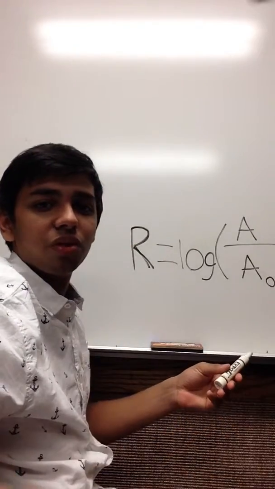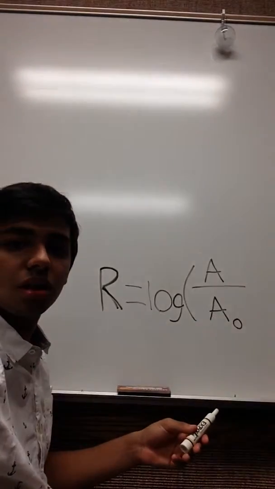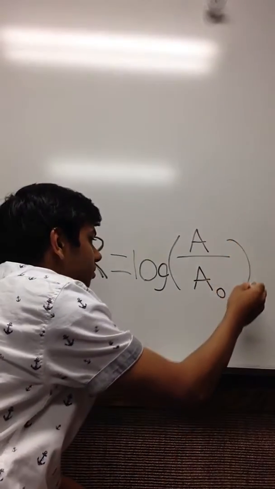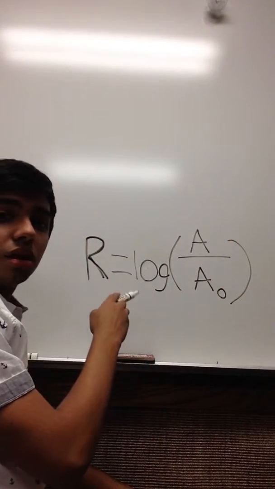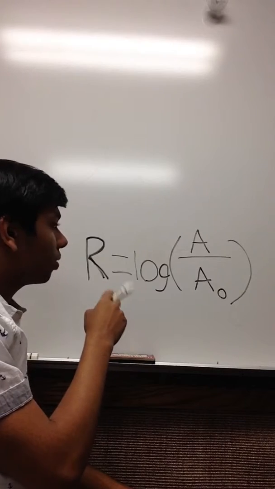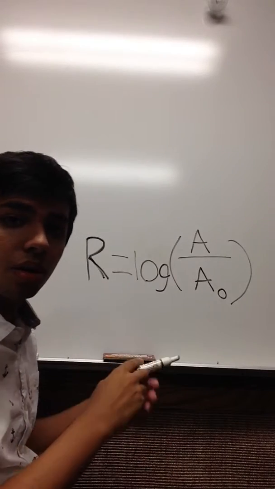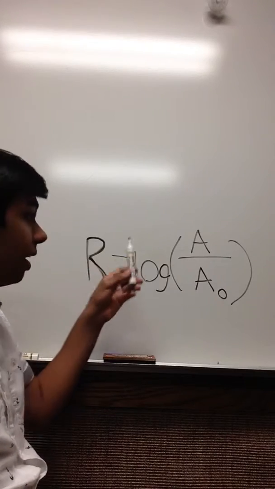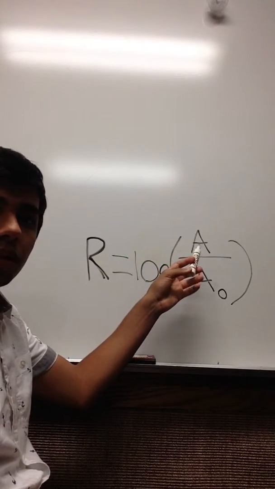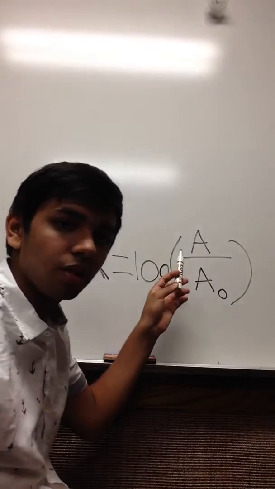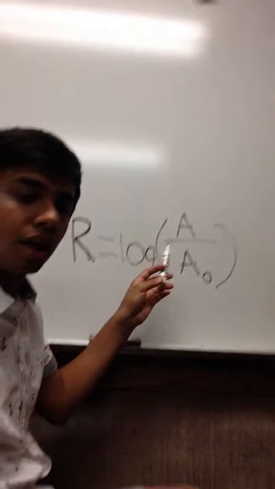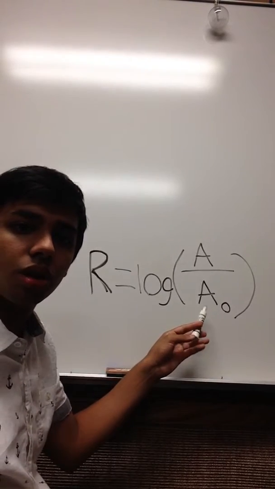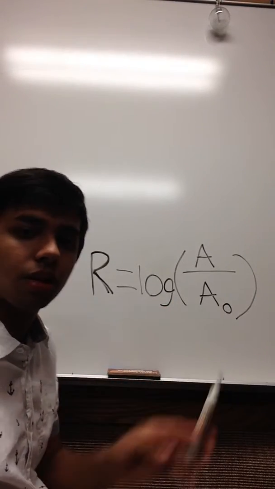Let me move this over a little bit so you guys can see. So this is the logarithmic equation for the Richter scale. R is the Richter scale measurement, A is the measurement of the amplitude of the earthquake, and A0 is the amplitude of the smallest detectable wave.